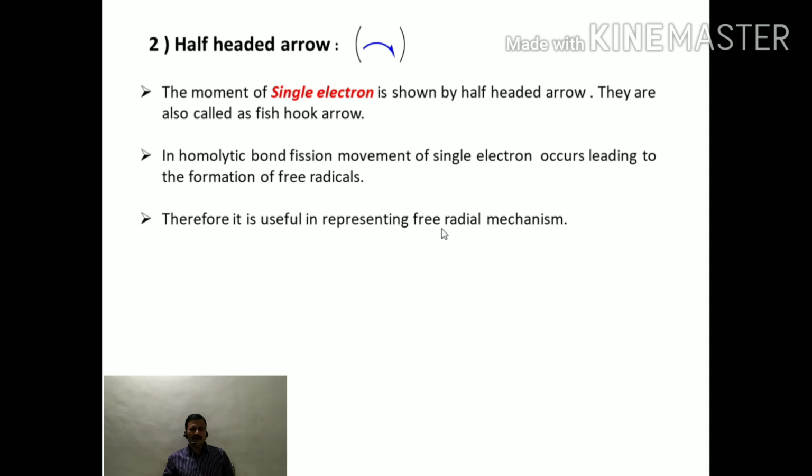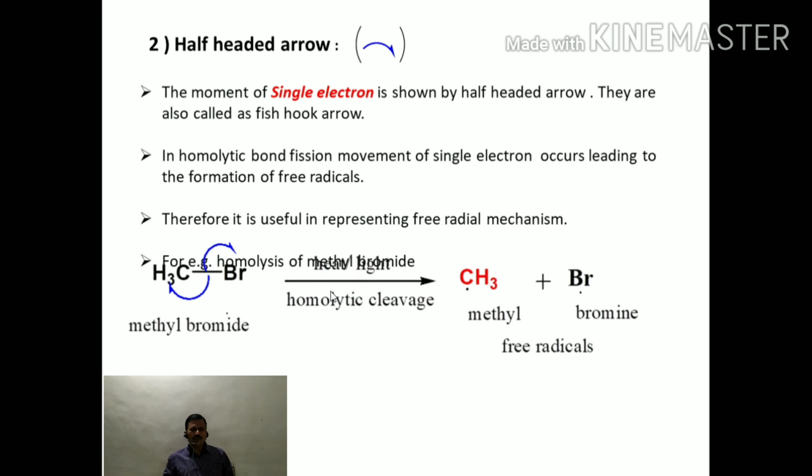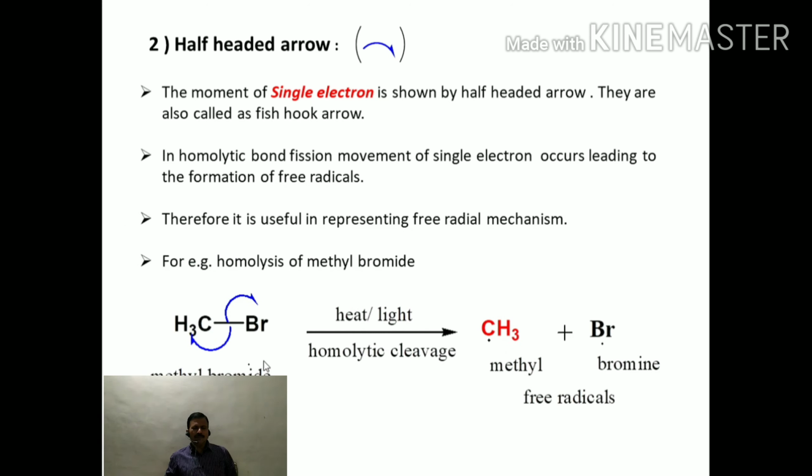For example, here homolysis of methyl bromide, we will take it as an example. This is the example whereby in methyl bromide the bond between bromine and carbon is broken in a symmetrical way in the presence of heat or light following homolytic cleavage, producing free radicals, which are called methyl free radical and bromine free radical.